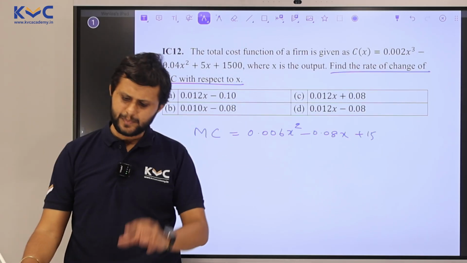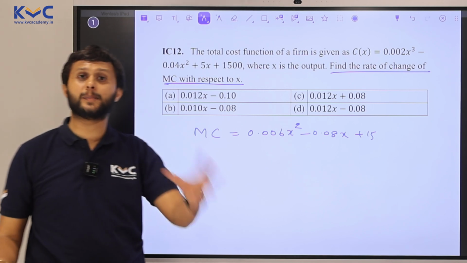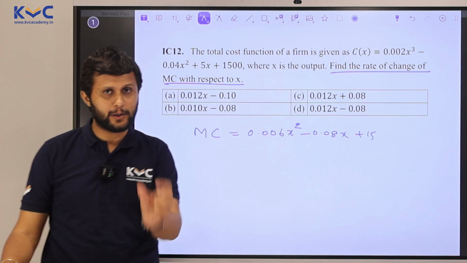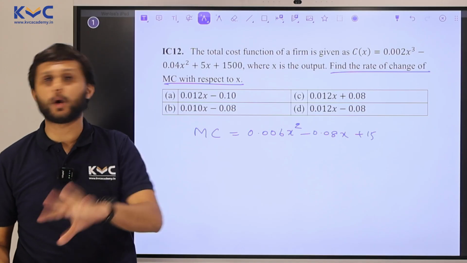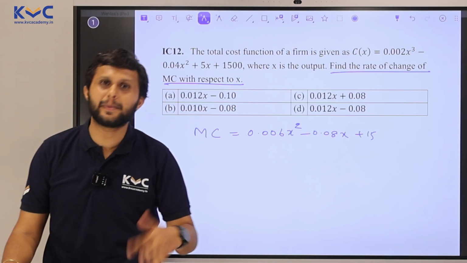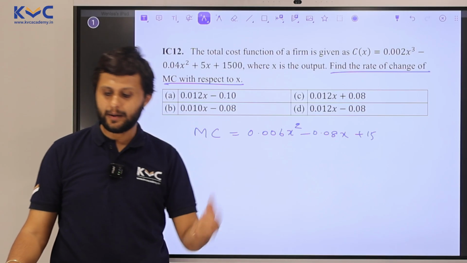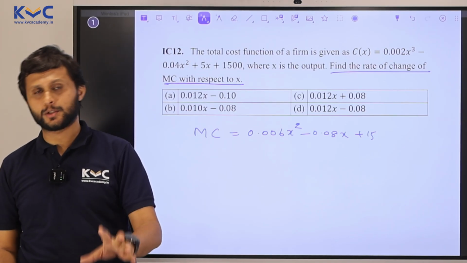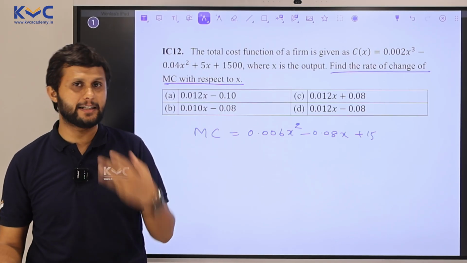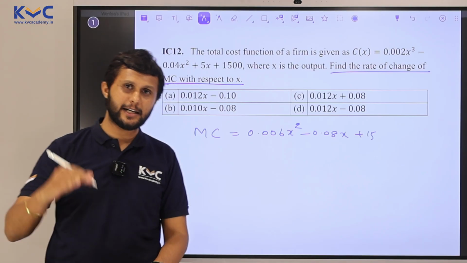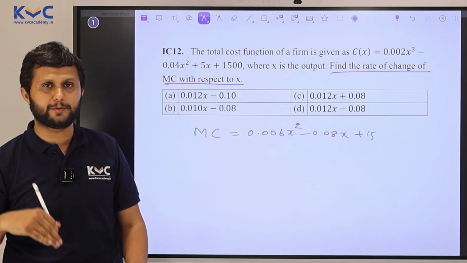Correct? Now they're talking about rate of change of marginal cost. See, if I calculate the rate of change of cost, what is that? That is marginal cost. Now they ask the rate of change of marginal cost. So basically here we'll have to differentiate again. We are differentiating the differentiated function.